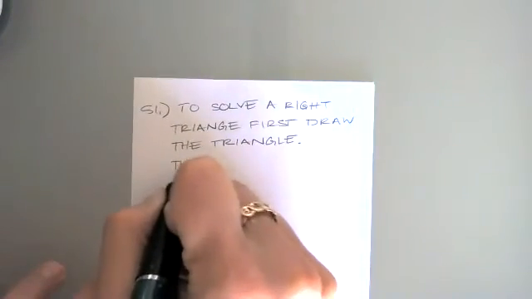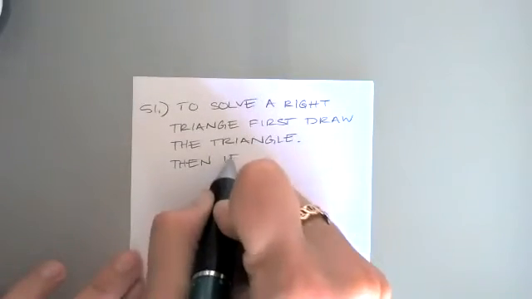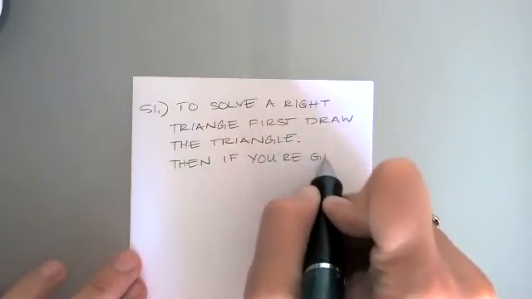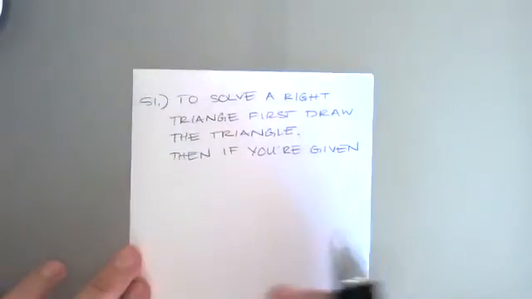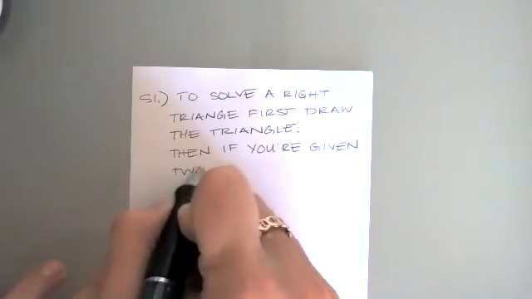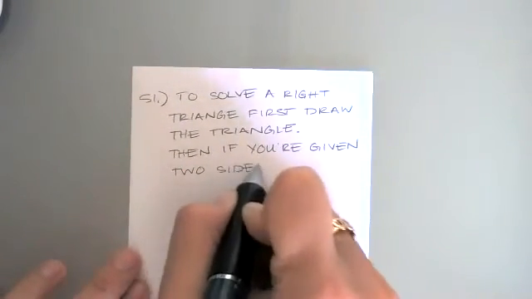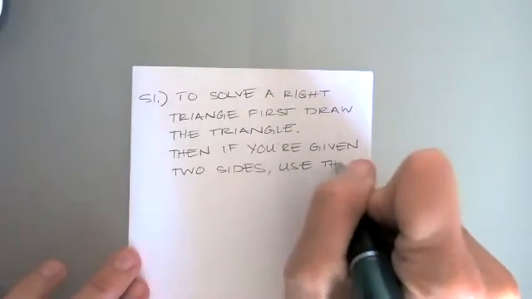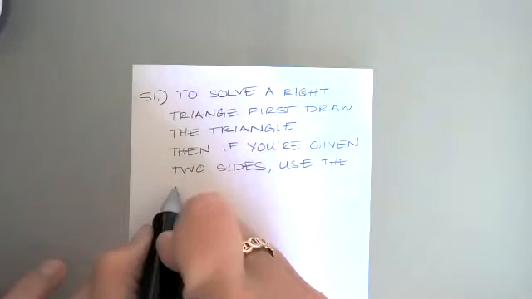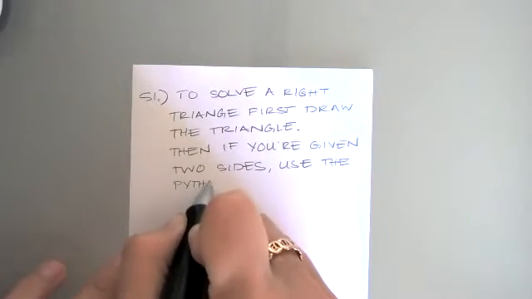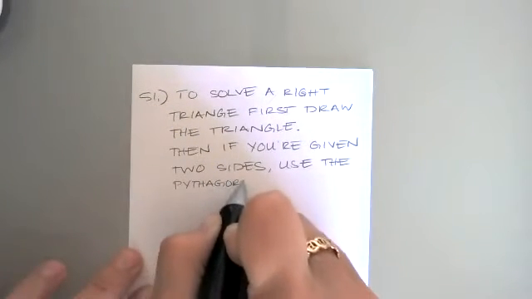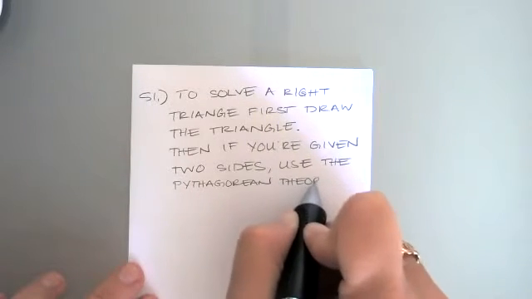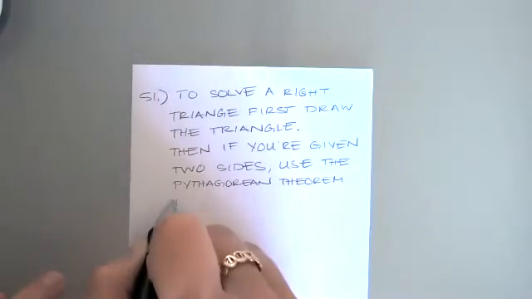Then, if you're given two sides, use the Pythagorean theorem to find the third.